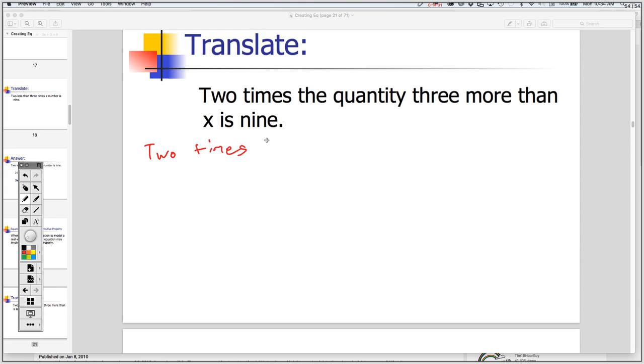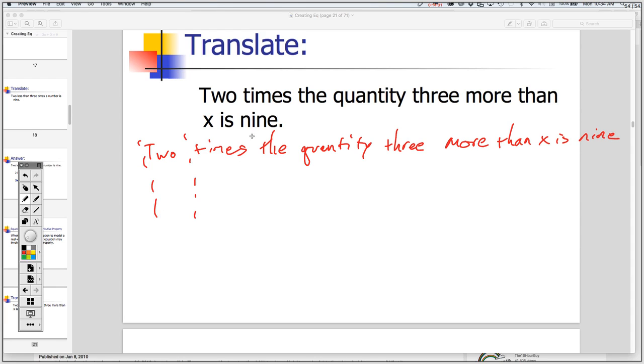So I had to write it out because I want you to get used to doing this. 2 times the quantity 3. So quantity is just a number. More than x is 9. Okay, Angel, what do you put for 2? Times. The quantity 3. More than?